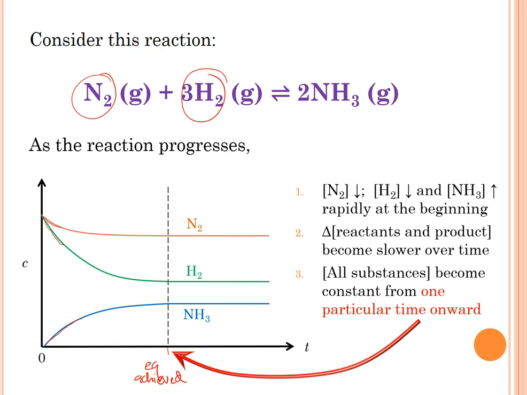This is only possible if this reaction is occurring in a closed system. What if this reaction occurs in an open system? As ammonia is being produced, as nitrogen and hydrogen gas react, the ammonia would escape to the surroundings.